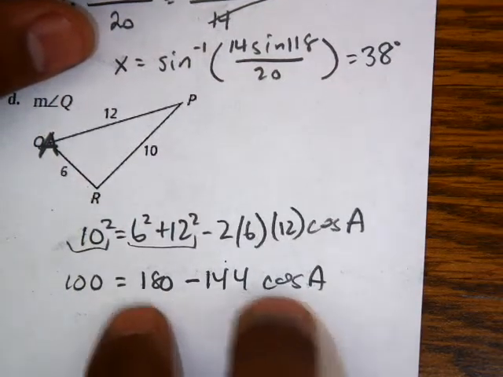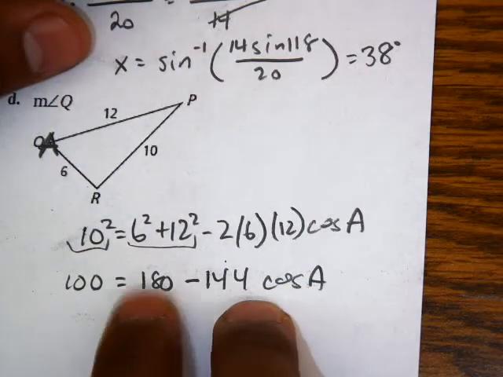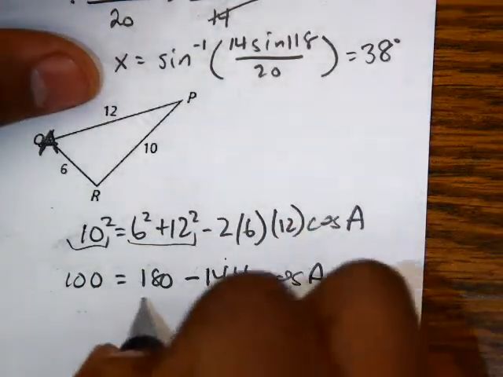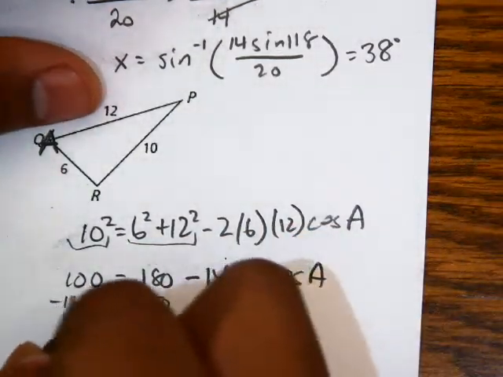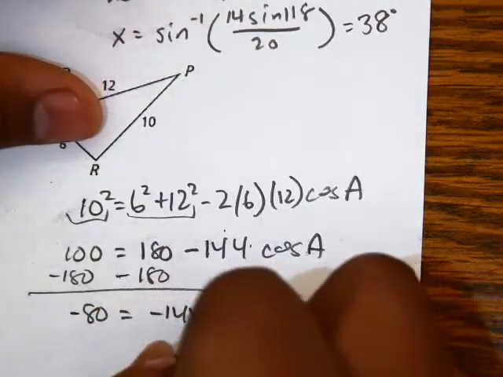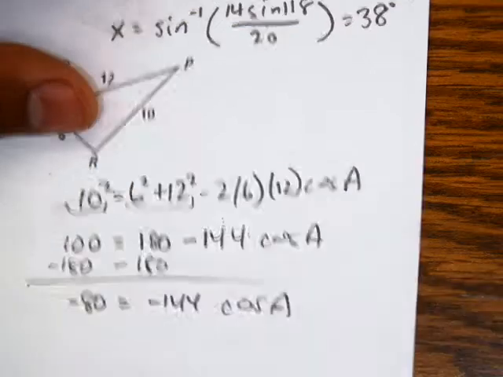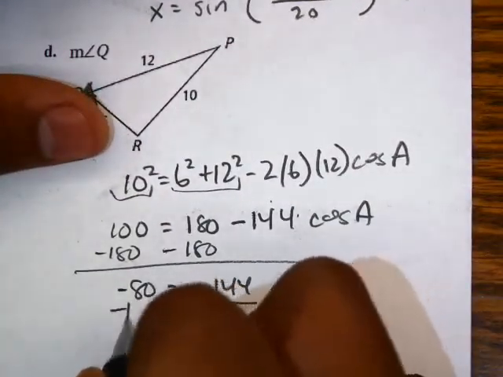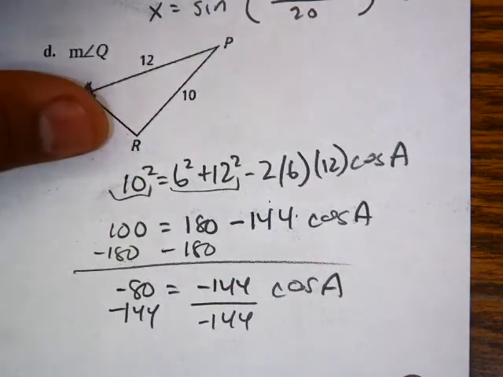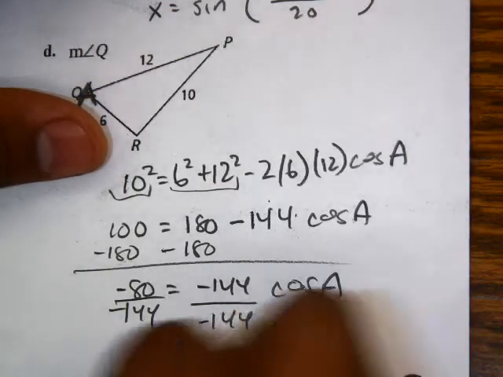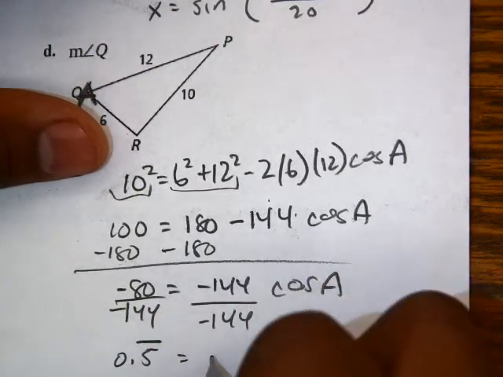These are not like terms, so don't do 180 minus 144. They're not like terms because of the times cosine here. So I'll subtract 180 from both sides. I get negative 80 equals negative 144 cosine of A. I'll divide by negative 144. 80 divided by negative 144 is 0.5 repeating.